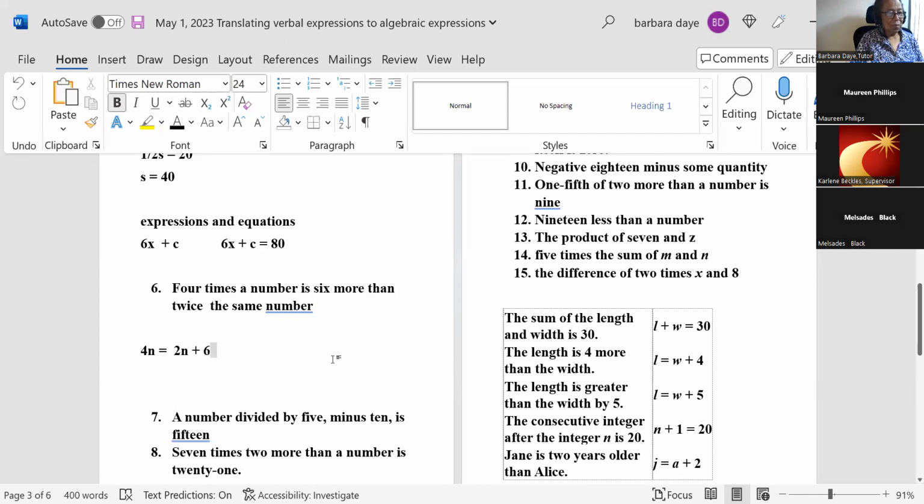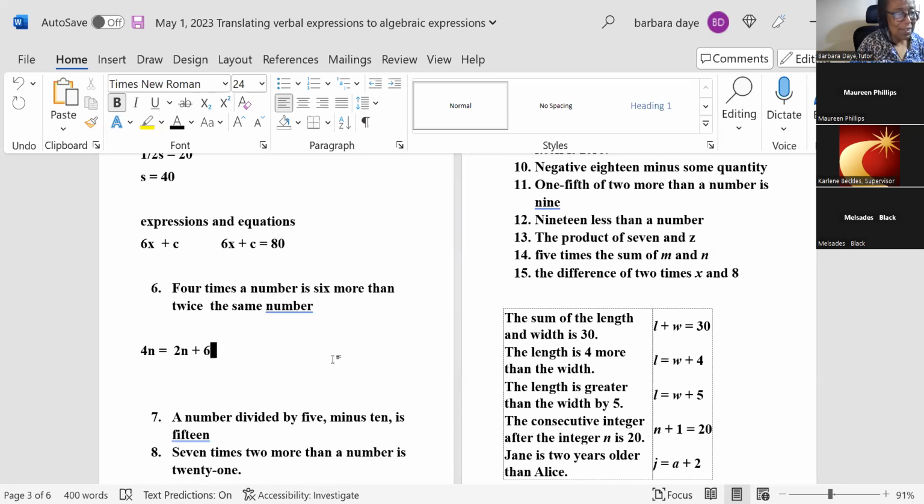Okay, got it? Four times a number is six more than twice the same number. Now, if I had said twice the same number plus 6, you would have gotten it right.